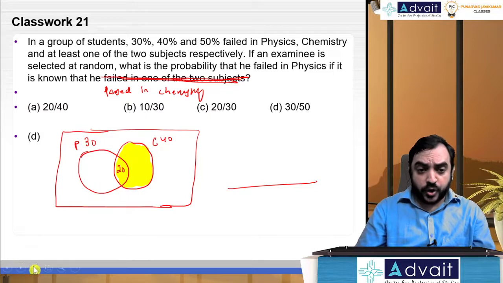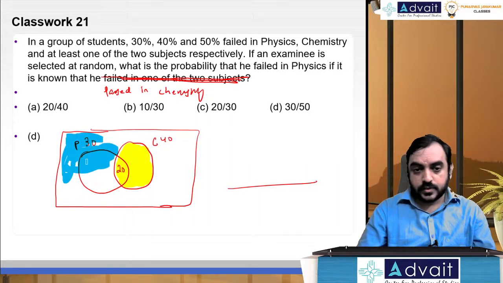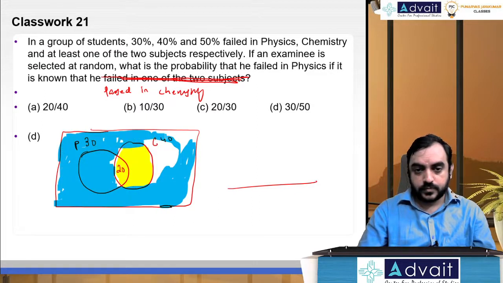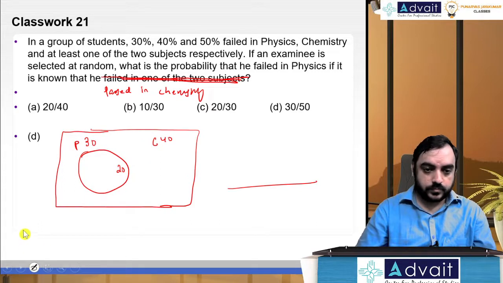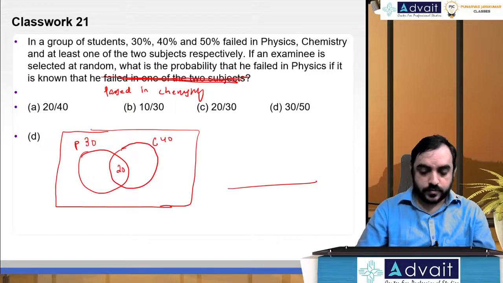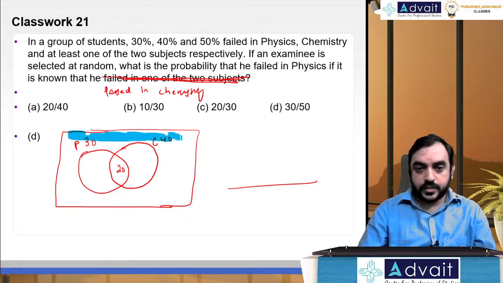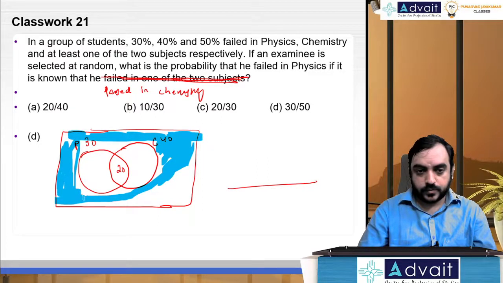Passed in chemistry means I am going to draw a different color, a light blue one, that is outside the circle. I'll just select the blue region outside the circle, including physics also.